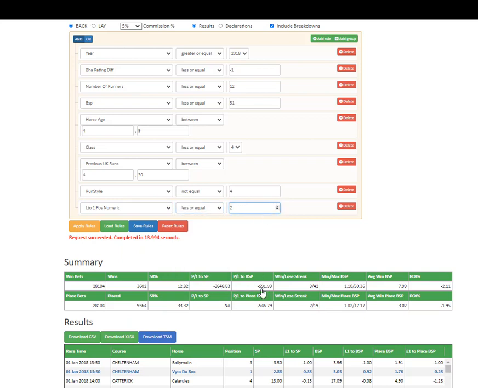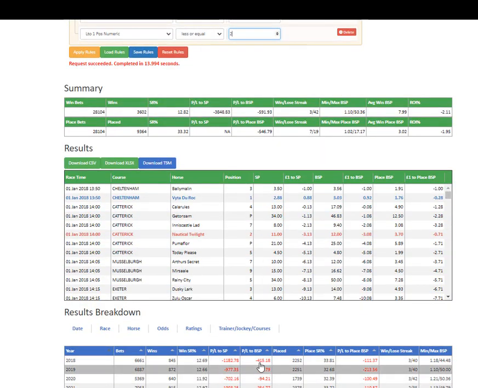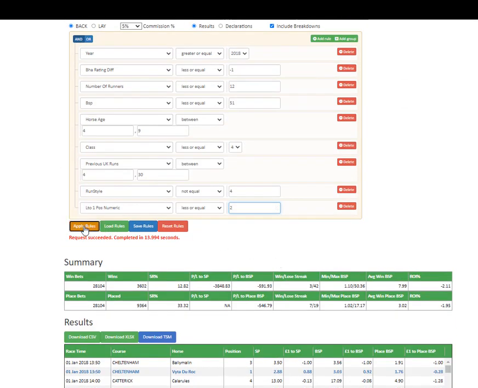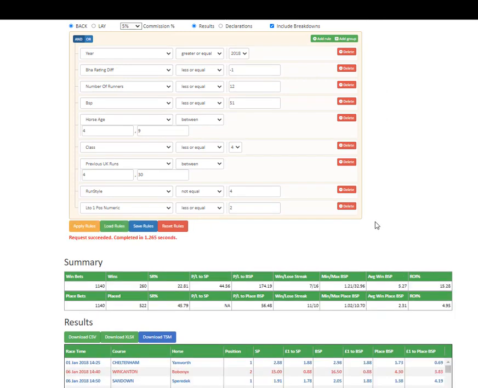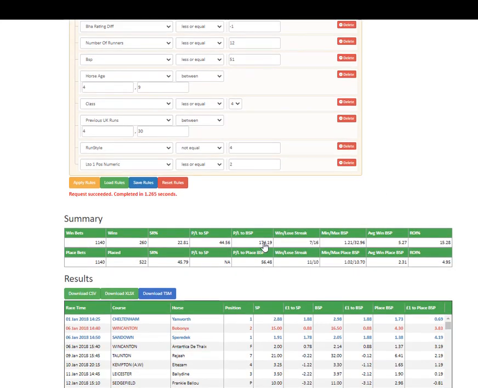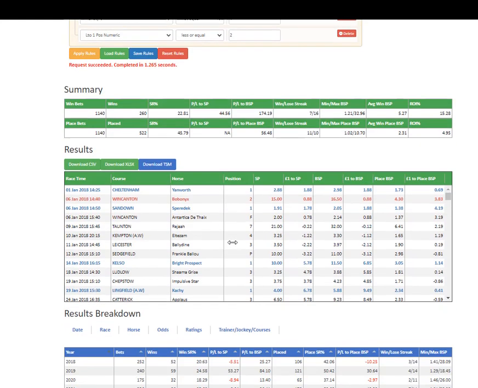Okay, so we're seeing a 591 point loss and only 1 year of profit, but now we've added these rules, and that massive loss has turned into a profit of 174 points, which is pretty good, a 22% strike rate.